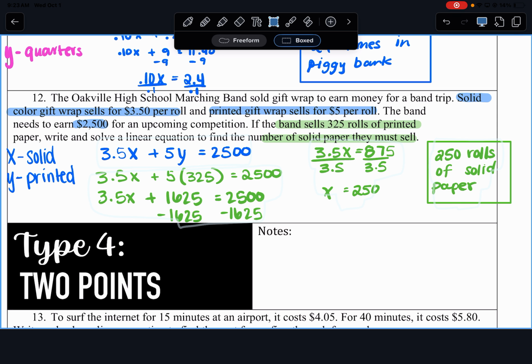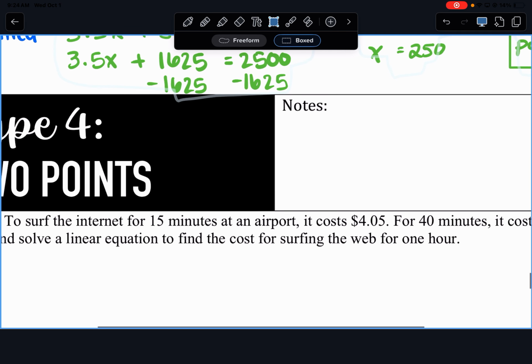All right. So we're gonna go ahead and look at 2 points. 2 points is probably the one that we've done the most questions similar to in all of the notes. Okay. So 2 points is exactly what it sounds.